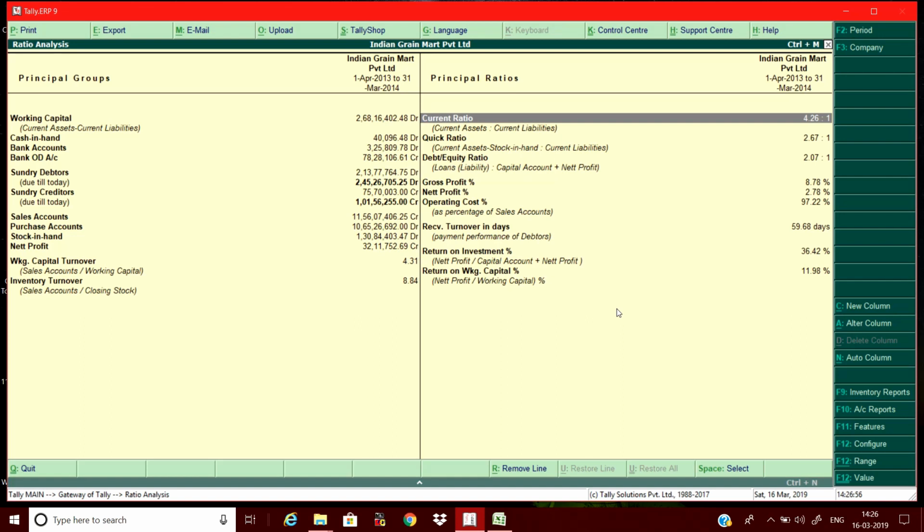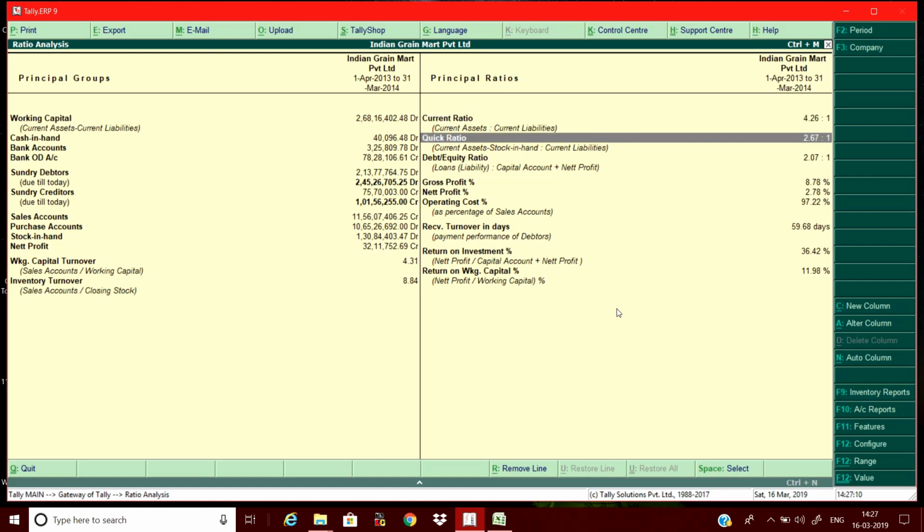अब इसका मतलब ये होता है कि for every 1 rupee of liability we have 4.26 rupees of liquid assets. Now the problem is, if by mistake at the time of grouping of these ledger accounts, the accountant has grouped a long term asset, that means a long term advance or a long term investment, as short term loans or short term advances or short term investments, then this ratio will give you a wrong figure.